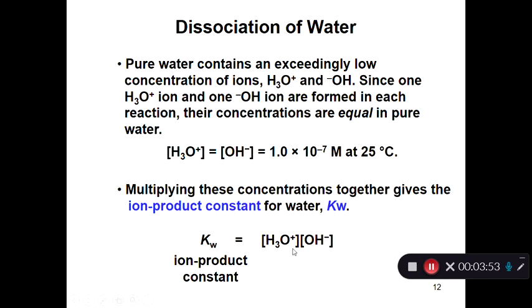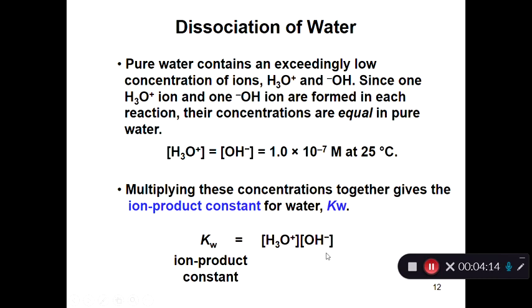H3O plus concentration times OH minus concentration is equal to one constant. We call that Kw, the ion product constant. Ion, because of hydronium ion and hydroxide ion.